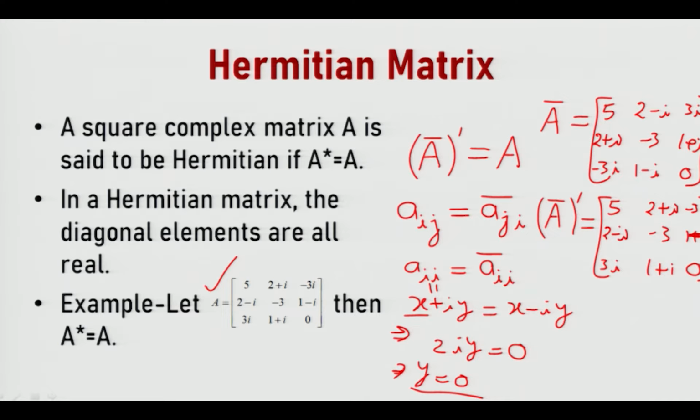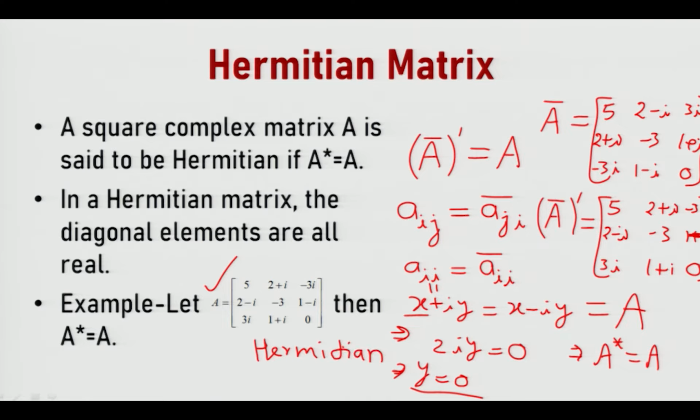Now this will be equal to 5, 2 plus iota, minus 3 iota, 2 minus iota, and so on, which is equal to A, that is, A star is equal to A. Therefore A is Hermitian.